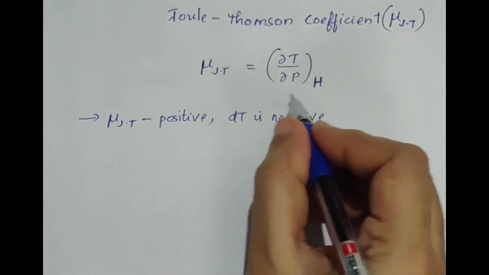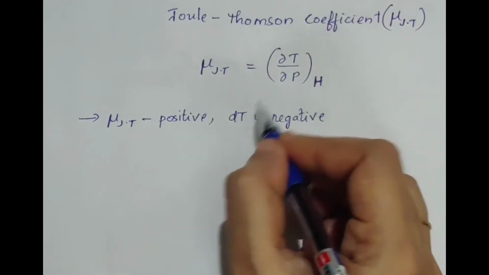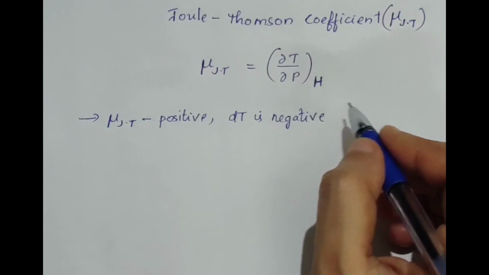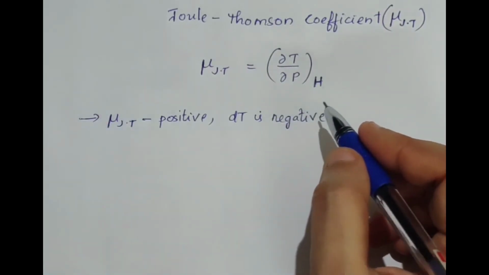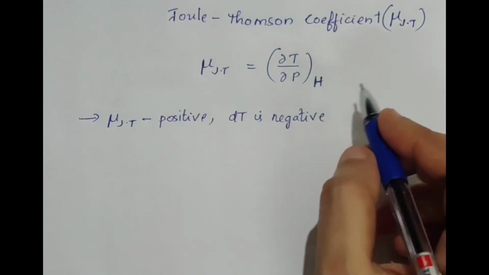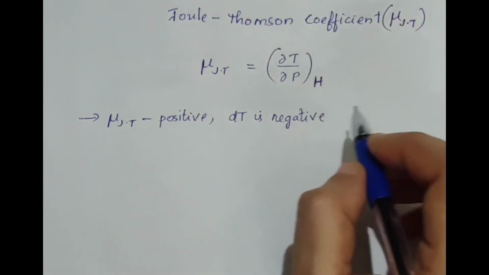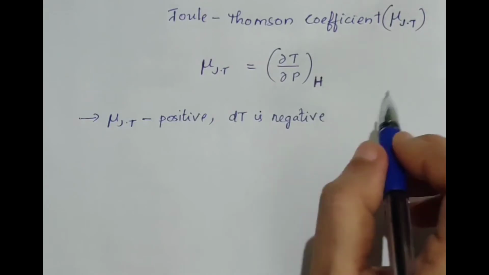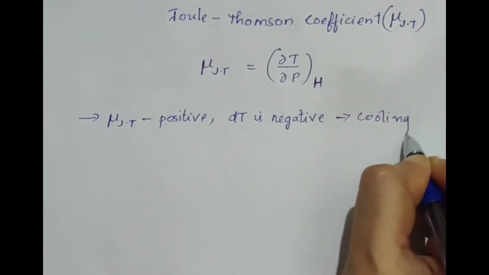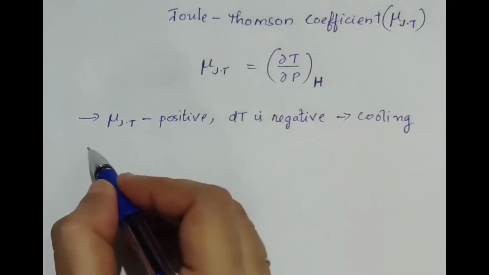When temperature decreases, the value of dt is negative, and thus the Joule-Thomson coefficient is taken as a positive quantity, and here cooling is observed in this process.